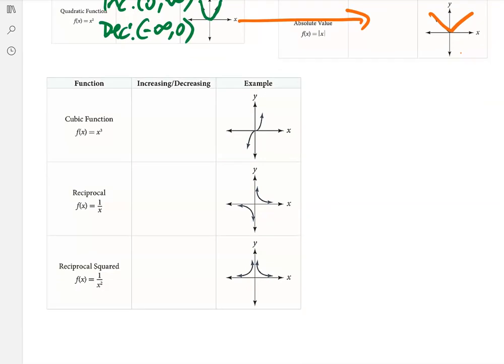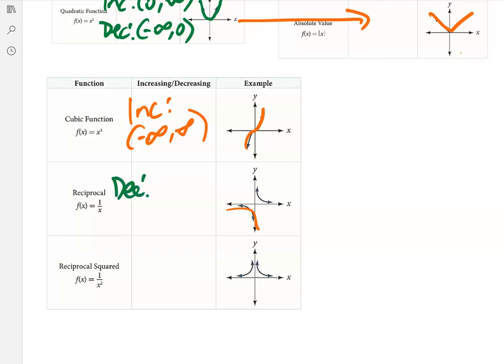How about cubic function? So again, increasing from negative infinity to positive infinity. Reciprocal function, increasing, wait, this is decreasing, sorry.